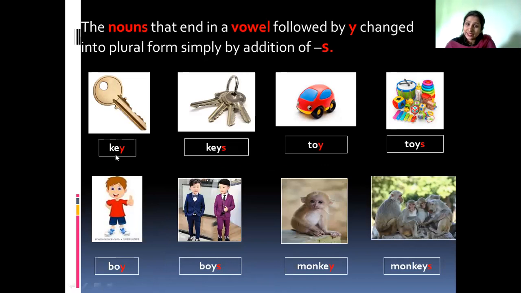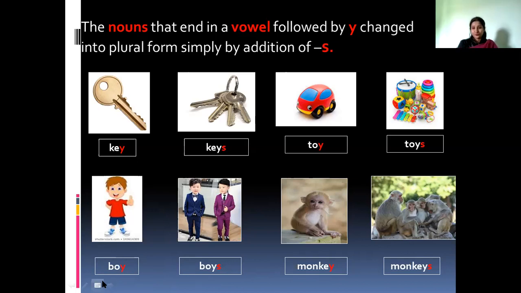E, and E is a vowel. T-O-Y: the last letter of the noun is Y, but before Y, O is there and O is a vowel. B-O-Y: here also before Y, O is there and O is a vowel. M-O-N-K-E-Y, monkey: Y is there, but before Y, a vowel is there, E.